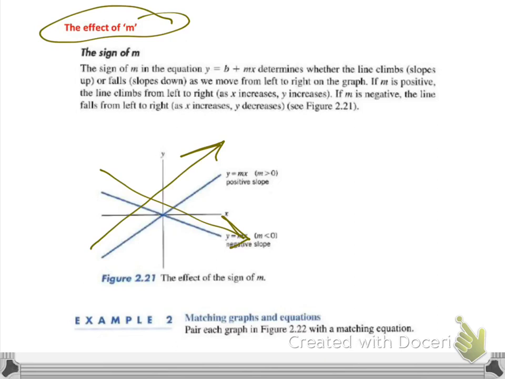Okay, but the overall effect is that if your slope is positive, you will be heading up through the first quadrant. If your slope is negative, you'll be heading down through the fourth quadrant. Okay, that's the first quadrant, that's the fourth quadrant. So that's the overall effect of the slope, or the M.